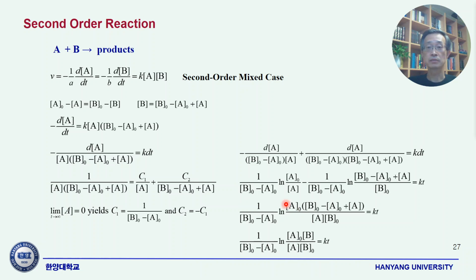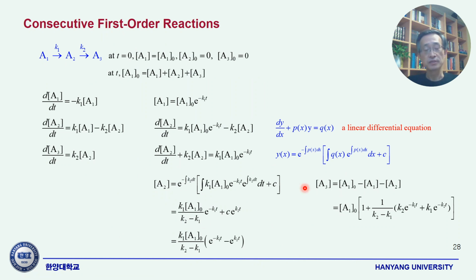Then you put them together, because there is a common factor, and the logs combine into a log fraction. Then you rearrange it into a simple form, which equals kt. Okay, so that is done that way.